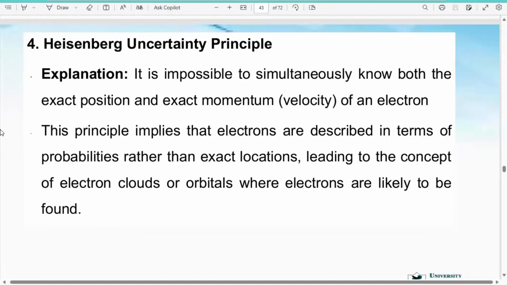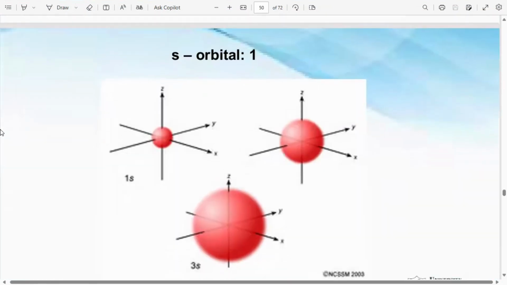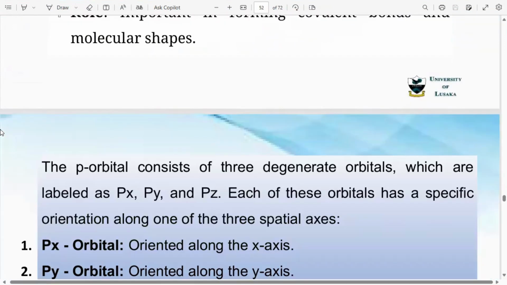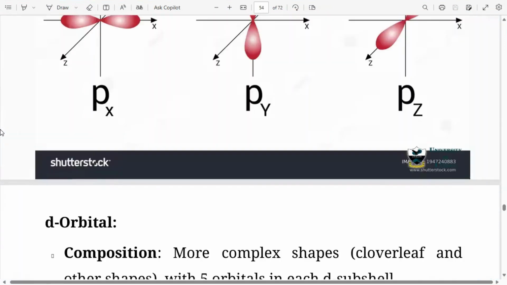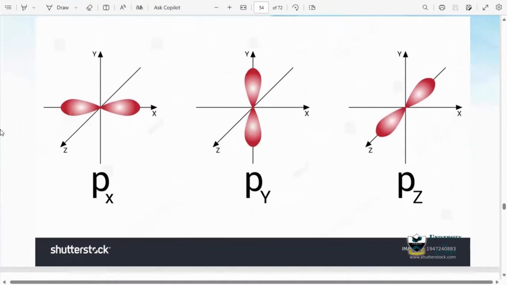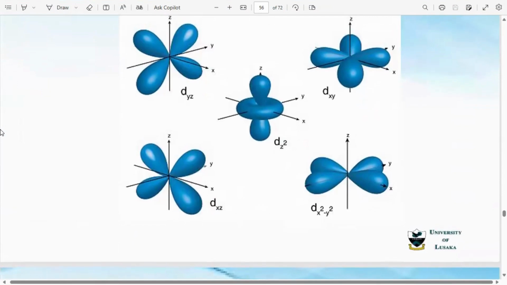Let me just try and find maybe a shape of a d orbital. Okay, so these are s orbitals. We say they're spherical in nature. Here are the p orbitals. We say they are the px, py, and pz, just like that. Then we have the d orbitals.